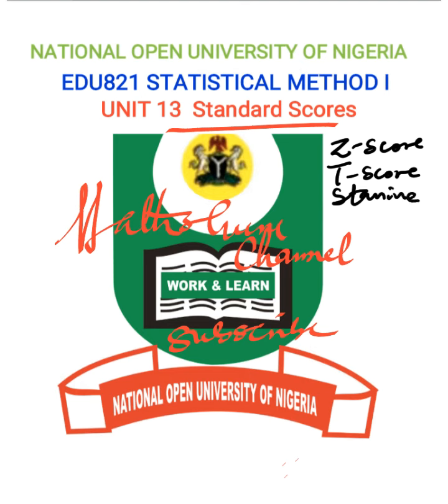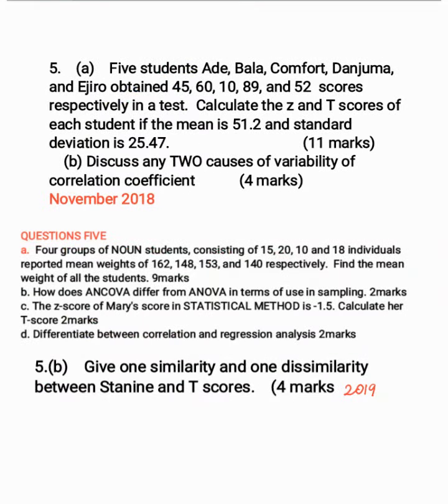So this is the focus of this lecture, and we are going to learn how to calculate the Z score and the T score. We have a set of questions here taken from the past examination to guide us in this discourse.